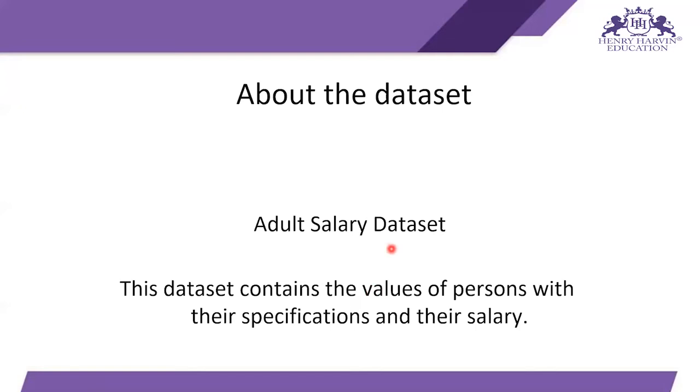This dataset contains the values of persons with their specifications and their salary. The specifications of each person are written in some columns. By getting this dataset, we see whether a person is single, under a certain age, married or unmarried, and then what his or her salary is. So this is the dataset that we get, and we perform some operations on it through pandas.